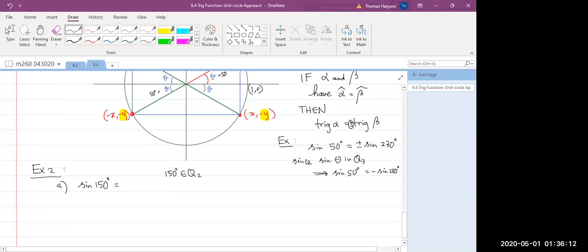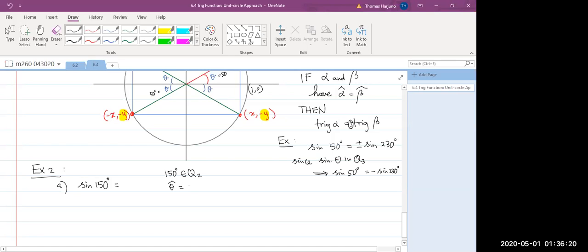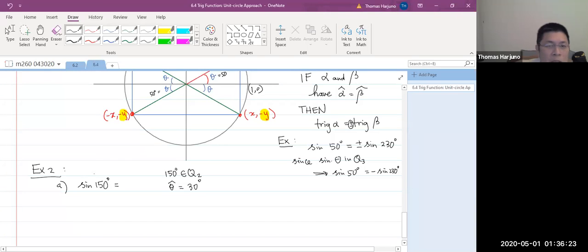Second quadrant. Now, what is the reference angle of 150 degrees? 30 degrees. So sine 150 degrees, because it's in quadrant 2, will be positive. We usually don't write it if it is positive, of sine of the reference angle. So notice that I suddenly go to quadrant 1 and sine 30 degrees is 1/2.